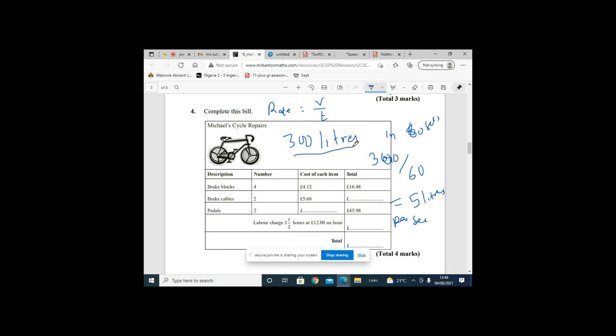Volume is 300 and time is 60. So 300 divided by 60, you get 5 liters per second.